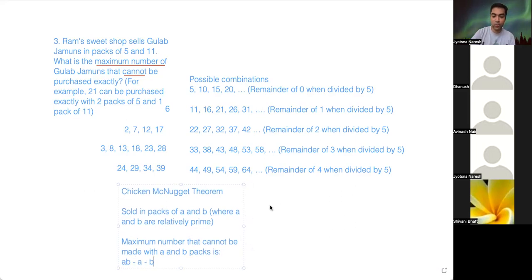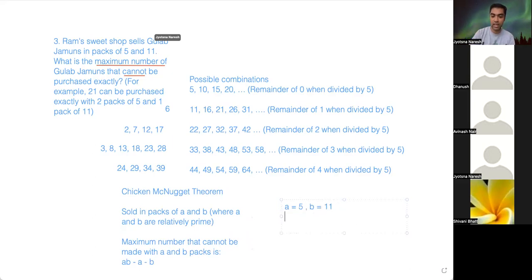So let's apply that here. What are A and B here? Five and 11.